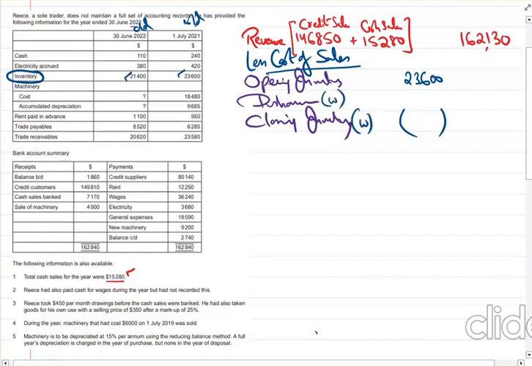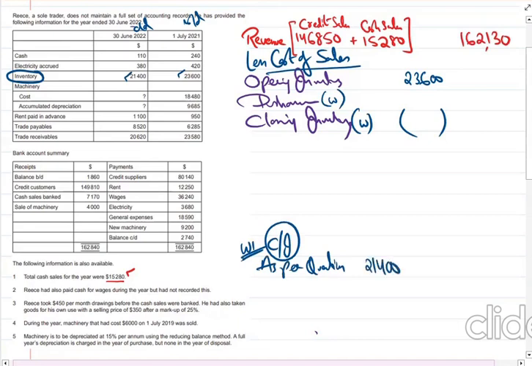First I am going to calculate closing inventory. As per the trial balance, it's 21400. Correct or wrong? Yeah, correct. Now, what adjustment is required?